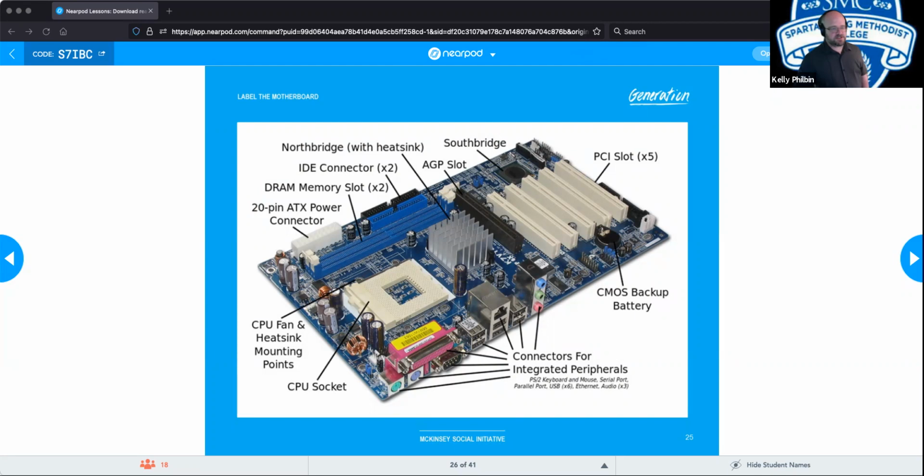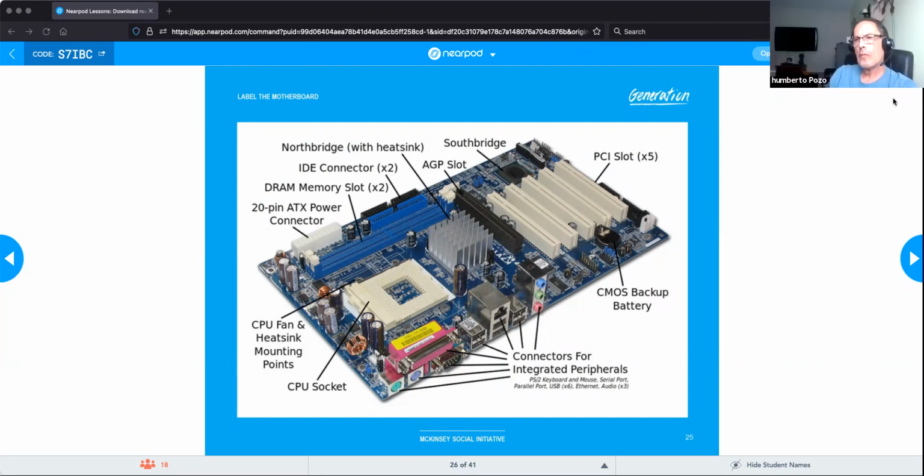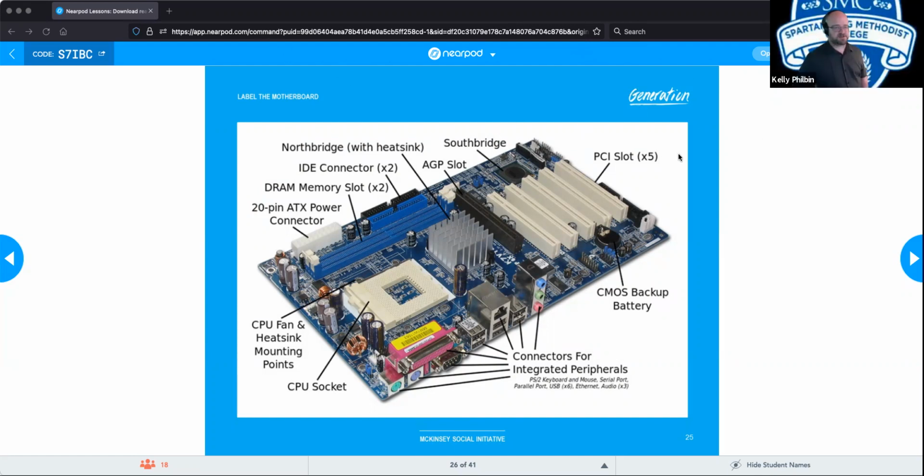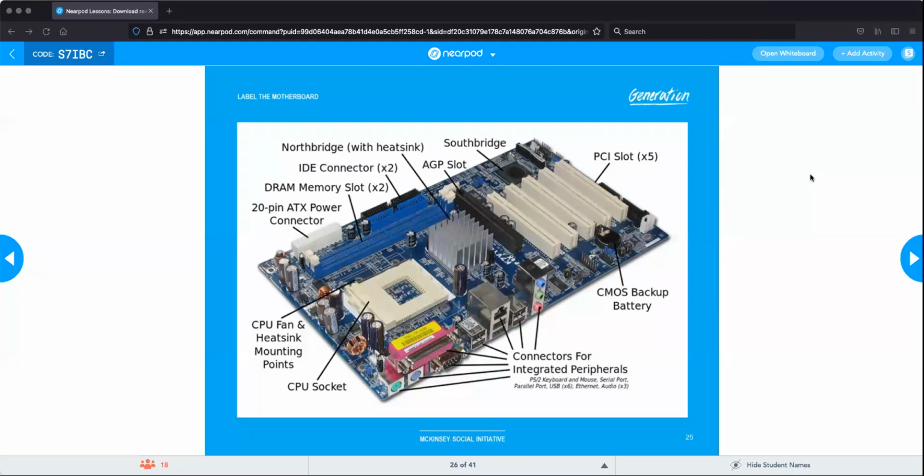Any other questions about the geography of a motherboard? We're all experts. And I want to jump back on that, Kelly. Humberto, if you happen to see that, that's an anomaly. That's the exception, not the rule. I know people get weird with certain motherboards, and I hate to say that it never lived out there.